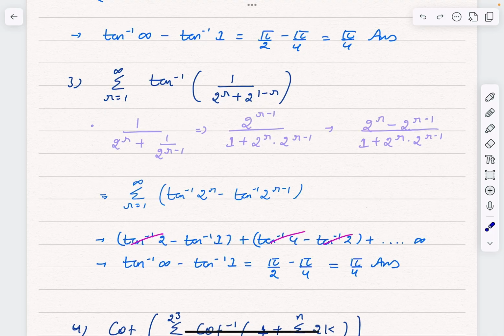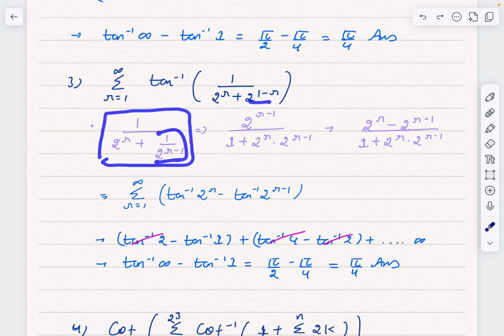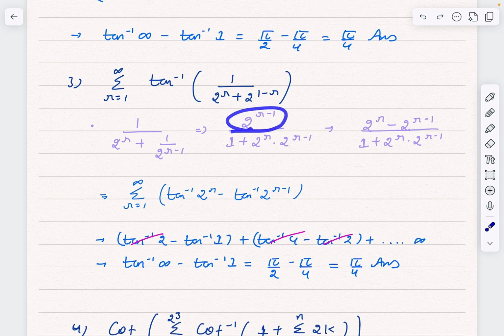Let us start now. So this 1 by 2 power r plus this we can write as 1 by 2 power r minus 1, taking reciprocal of this thing. Now if you take LCM, you get 2 power r minus 1 by 1 plus 2 power r into 2 power r minus 1.